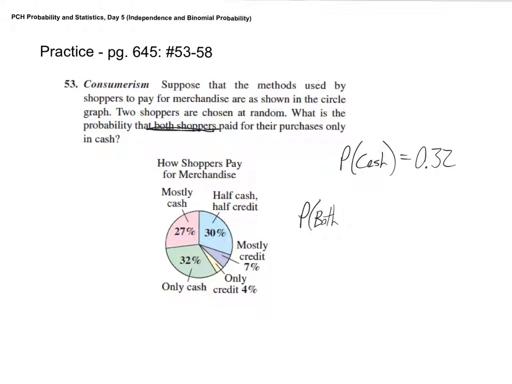0.32 squared. That's right, okay? What's the probability that both use cash? It's 0.32 times 0.32, or 0.32 squared. That's 0.1024, so approximately 10.2%.